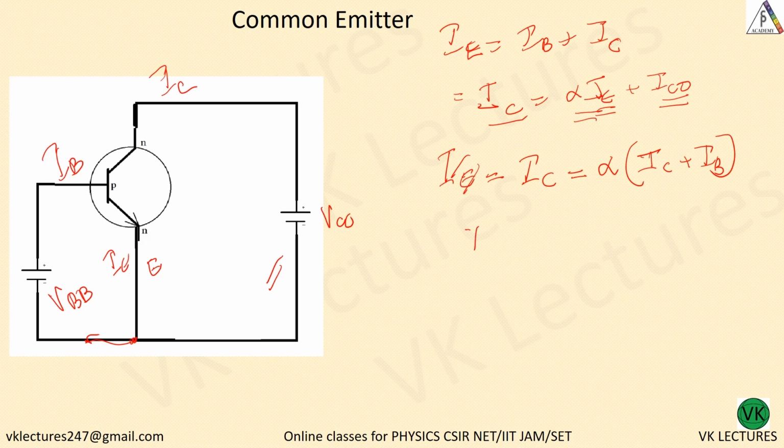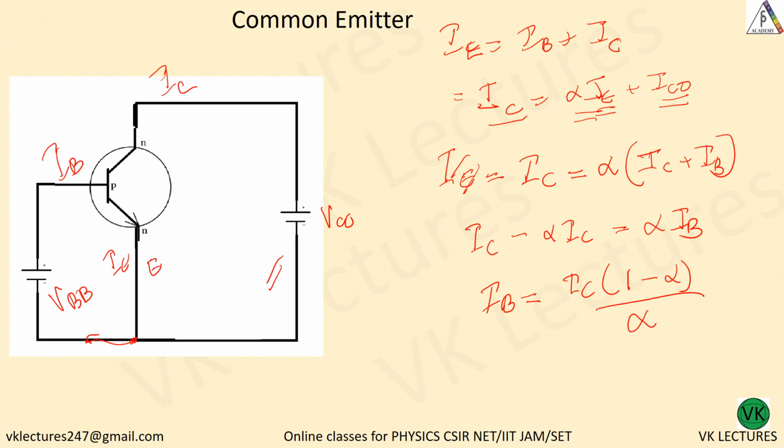Now IC minus alpha IC is equal to alpha IB. Now you can write current IB is equal to IC into 1 minus alpha divided by alpha.